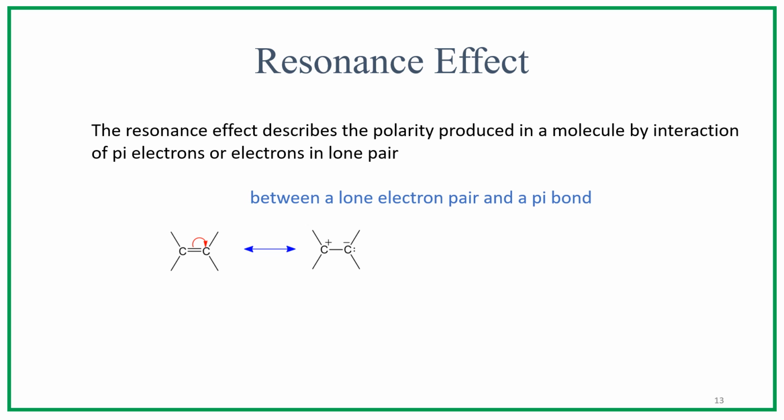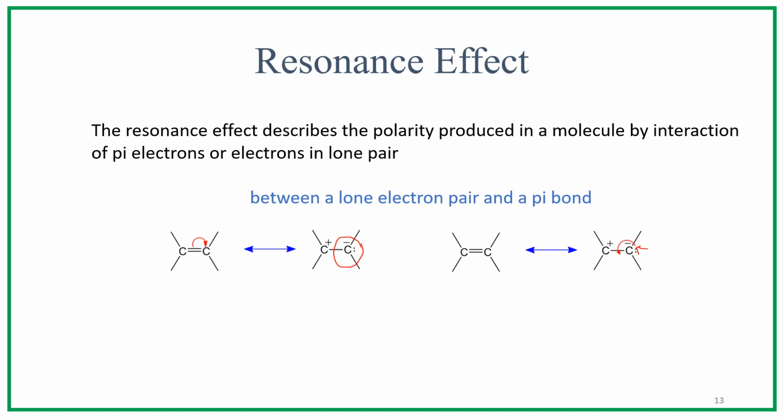In this example, we can take this electron coming from this pi bond to this carbon atom. Therefore it becomes negatively charged and the other carbon becomes positively charged, and again this negatively charged electron pair can go back between two carbon atoms to form a pi bond.